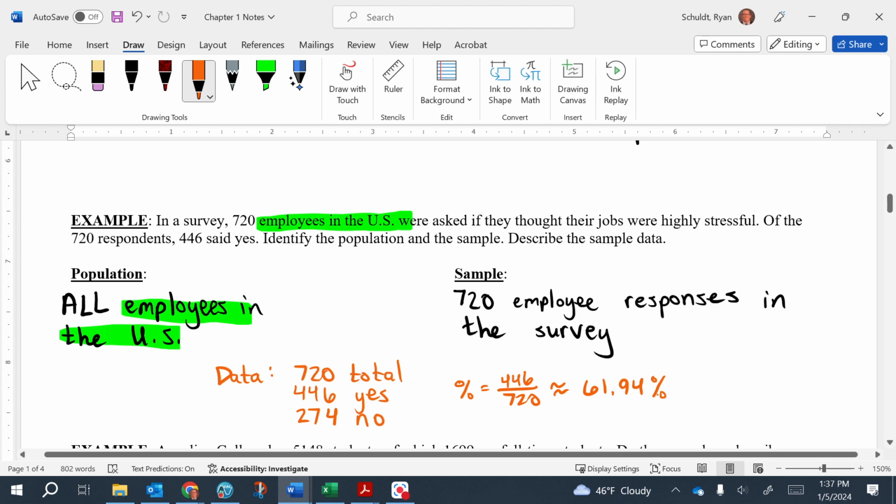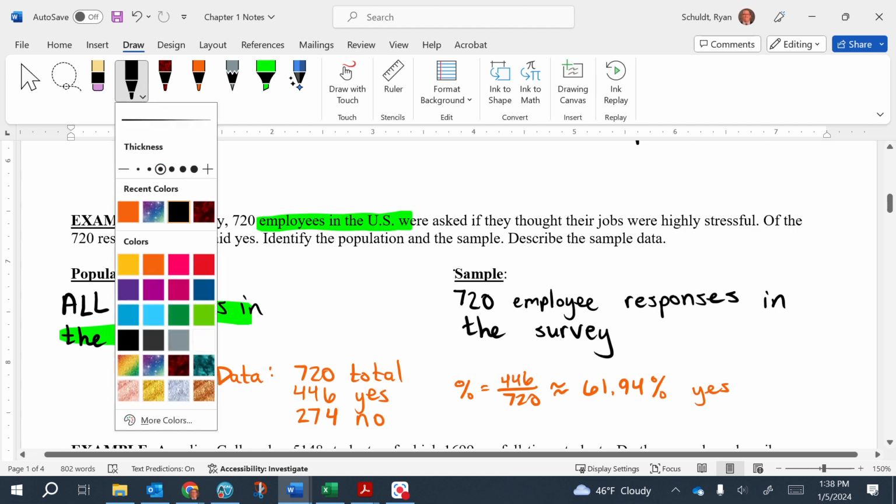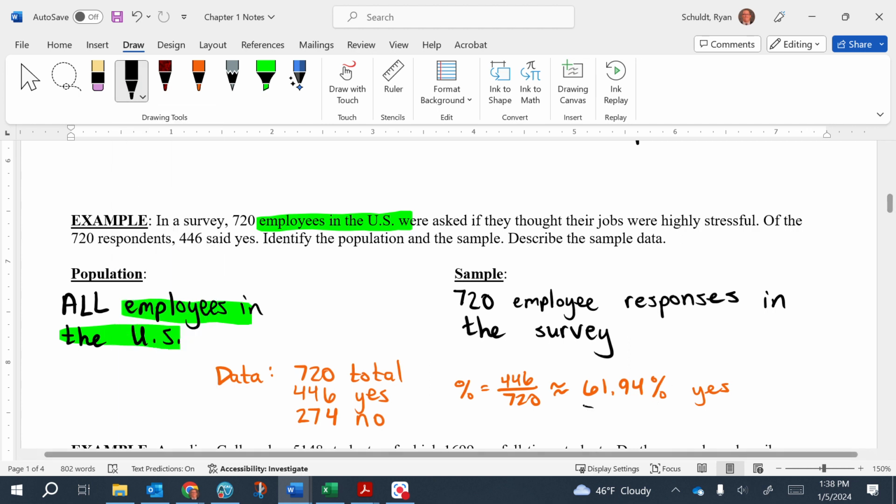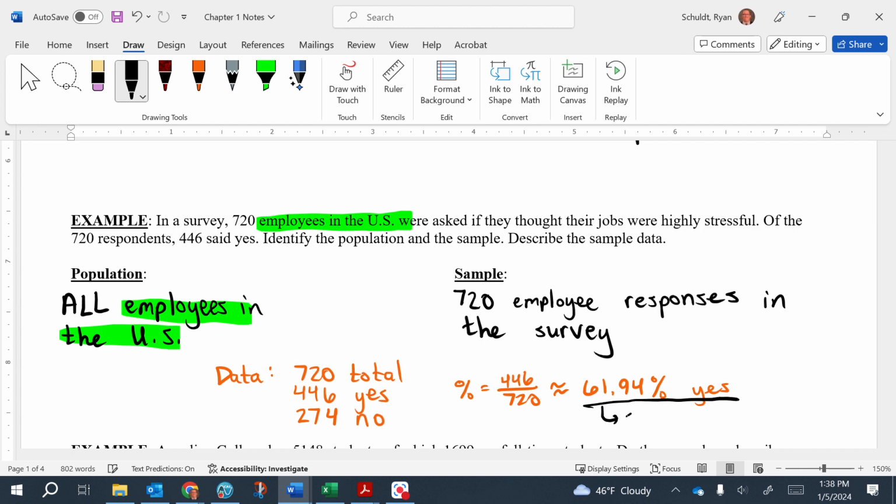So this is what percentage said yes. This piece right here is an example of a sample proportion. Sample proportion. What symbol did we use to represent sample proportions?